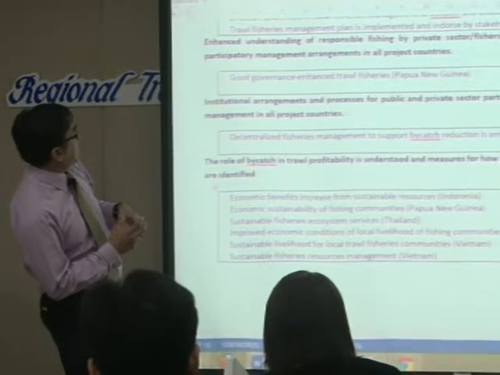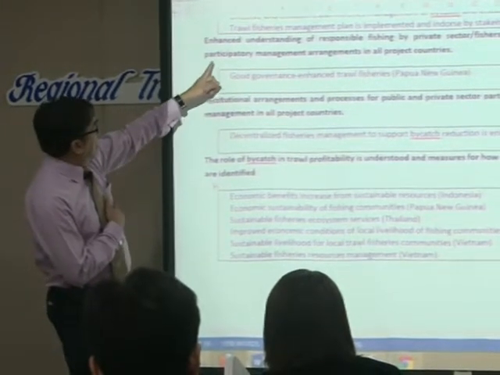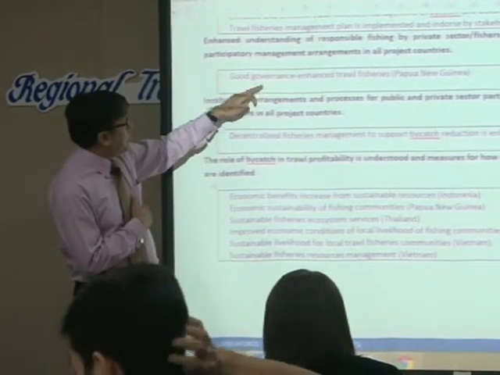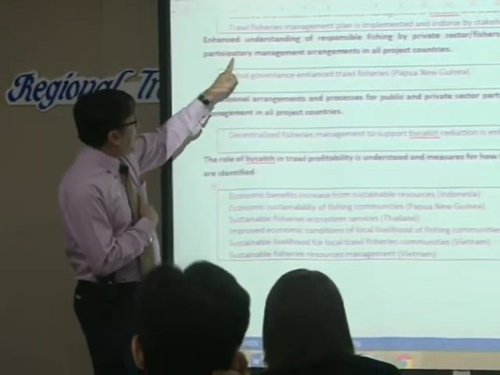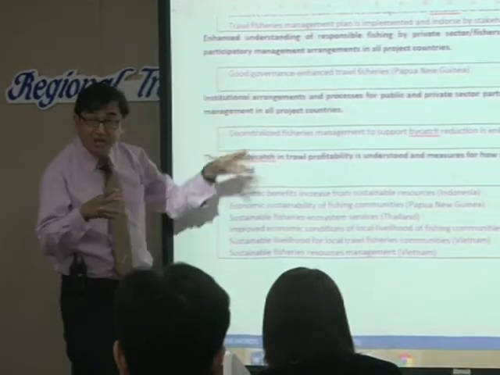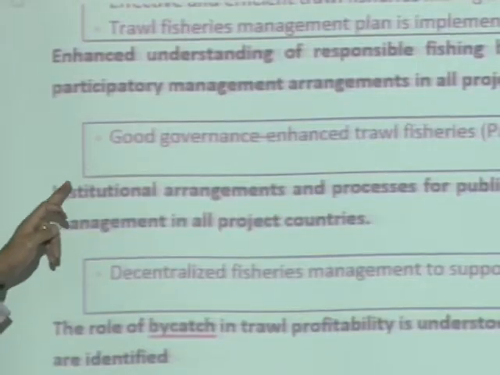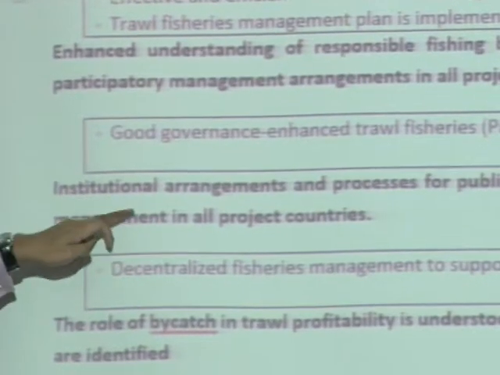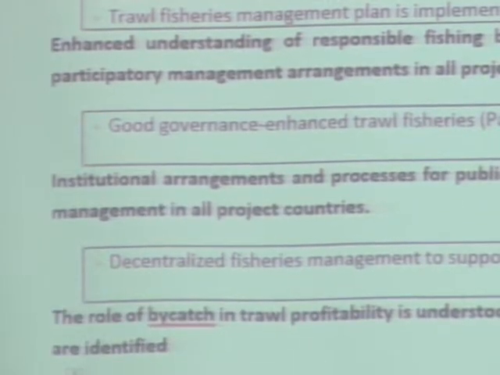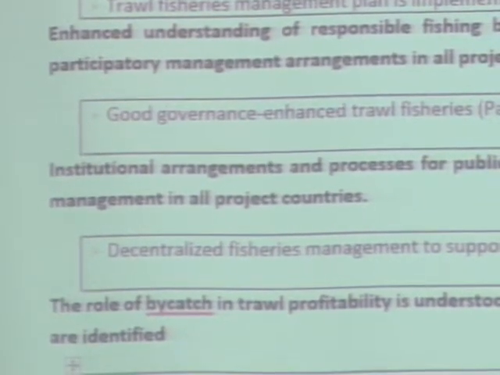Am I putting it right? Yes. Participation is good governance, so that's why it is part of the understanding and participatory management of fishery. So PNG would like to enhance the good governance system. Next one, institutional, very clearly, institutional arrangement, deconcentration, decentralization to the provincial office.